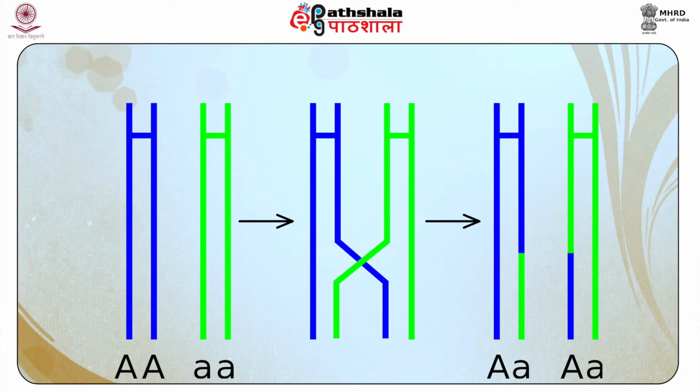This is a direct result of reduced recombination that occurs between two genes that are located close to each other on the same chromosome. Also, by looking at the gametes that are most abundant, you will be able to determine if the original cross was a coupling or repulsion phase cross.